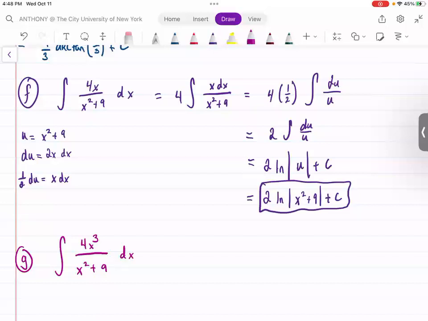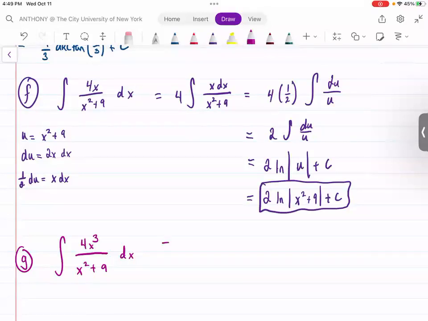No. One of the reasons why u substitution is not going to work is look at the degree of the numerator and compare it to the degree of your denominator. What is the degree of your numerator? 3. The degree of your denominator? 2. Any time that the degree of the numerator is greater than or equal to the degree of the denominator, one way of computing this integral is first doing long division.